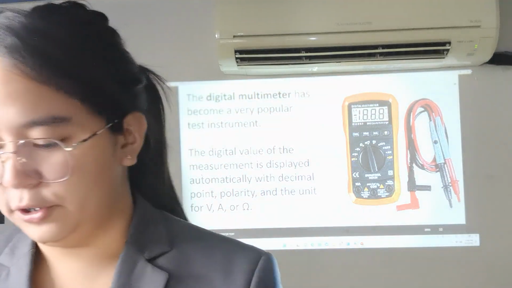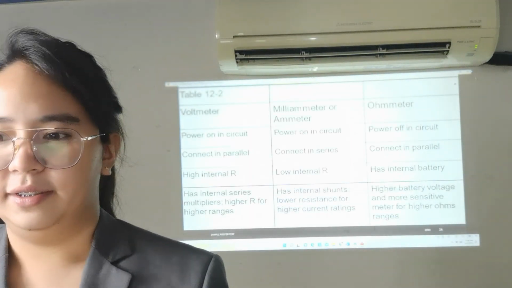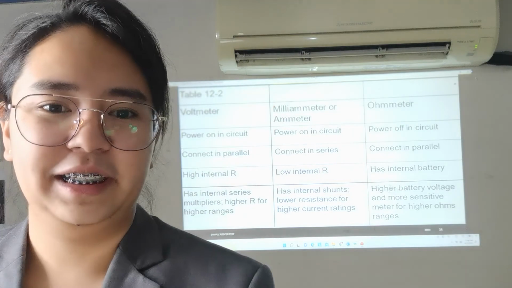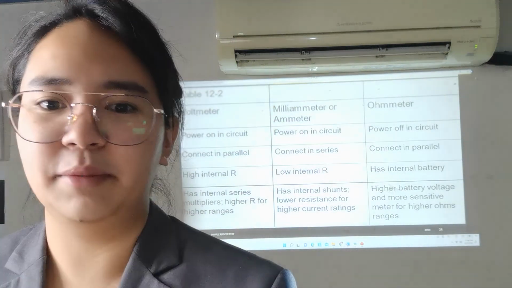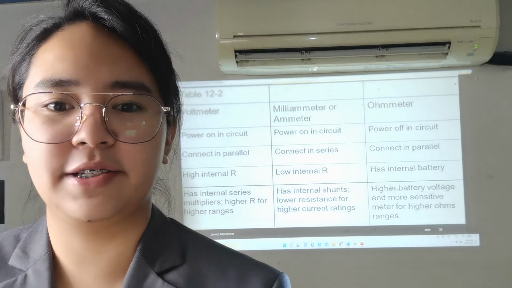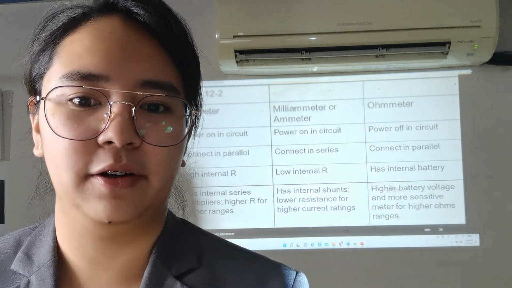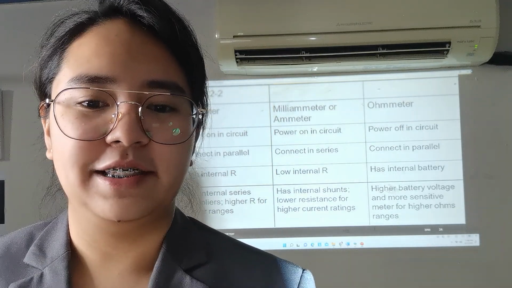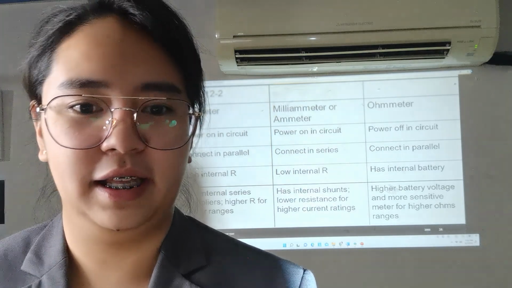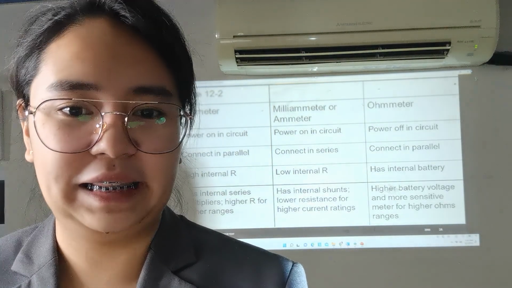Meter application, Table 12-2. Voltmeter, milliammeter or ammeter, and ohm meter. Power on in circuits, power on in circuits, power off in circuits. Connect in parallel, connect in series, connect in parallel. High internal R, low internal R, has internal battery.